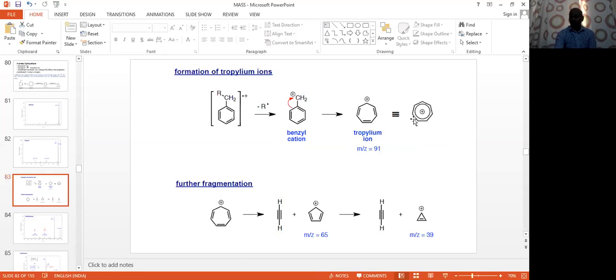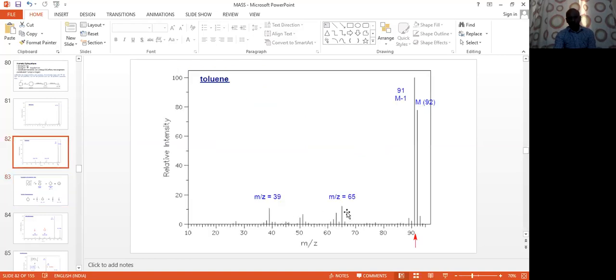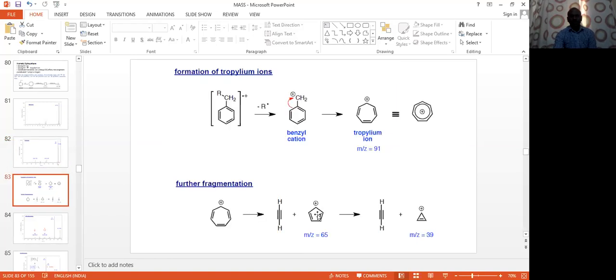What is the further fragmentation? m/z 91 appears. Then how do you account for these peaks, m/z 65 and m/z 39? How do we account for this? The tropylium ion at m/z 91 loses one acetylene molecule as a neutral, and you have the m/z 65 peak, a cyclopentadienyl-type ion.